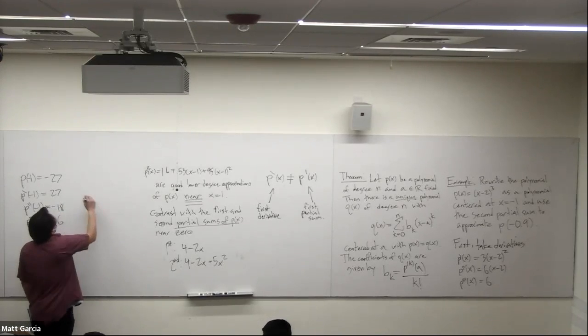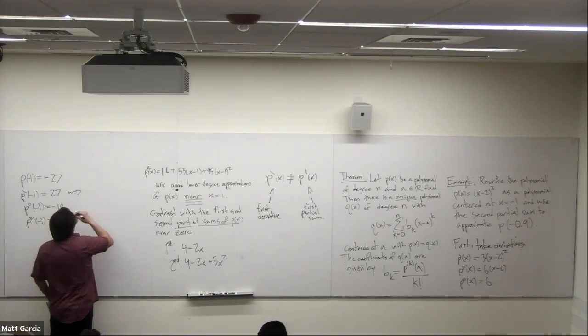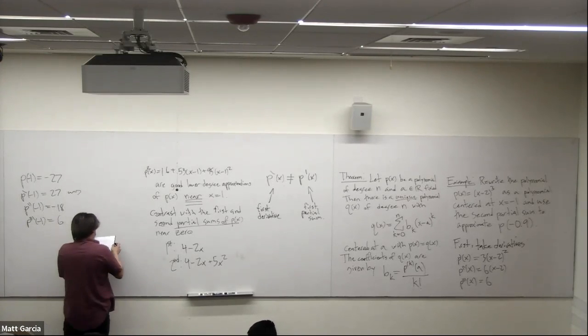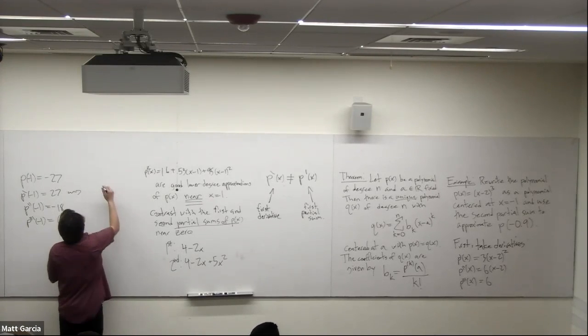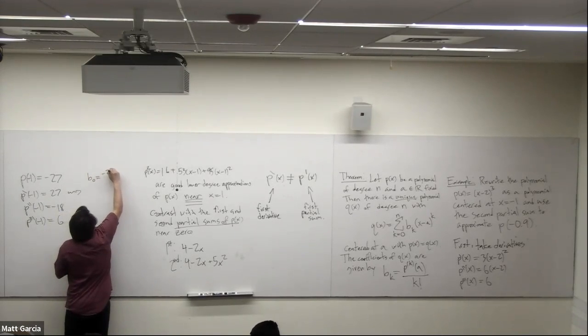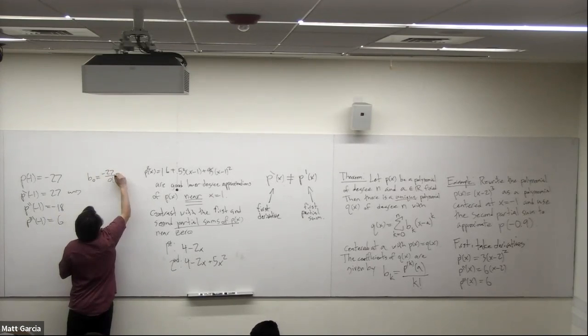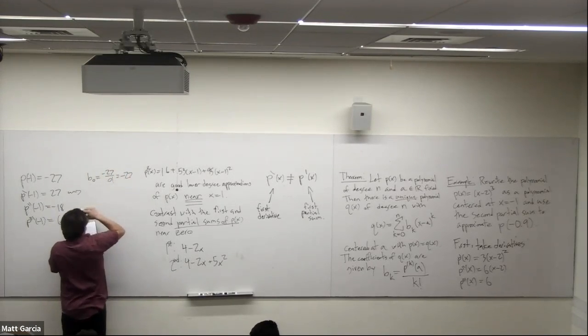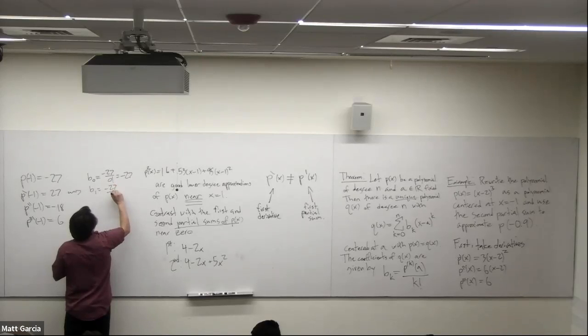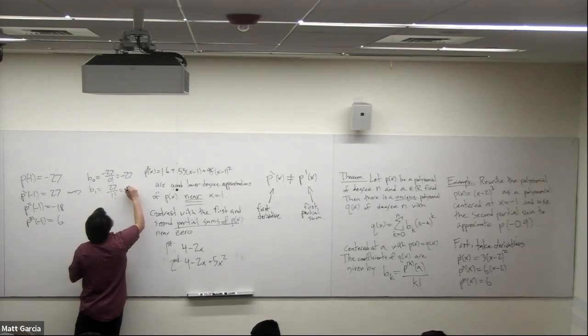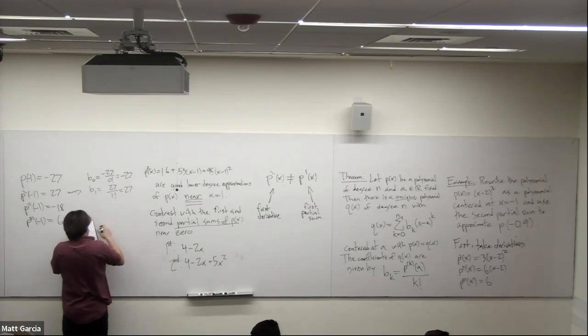So this tells us right away what our values of b are. I get -27 divided by 0 factorial, or -27. Then 27 divided by 1 factorial is 27.